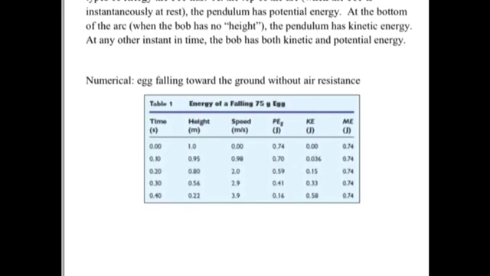But after a tenth of a second, it has fallen 0.05 meters, and the speed has increased from 0 meters per second to approximately 1 meter per second. So our potential energy is decreasing, going from 0.74 to 0.70. We lose around 0.04 joules of energy. Well, where does it go? It goes to kinetic energy right here.